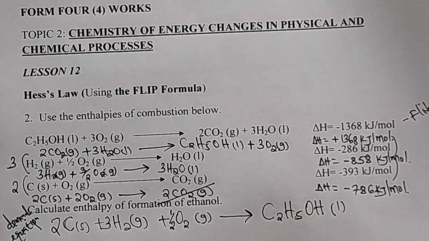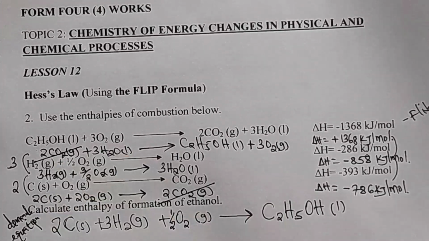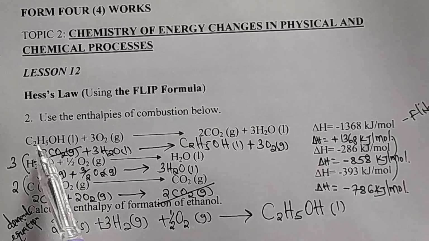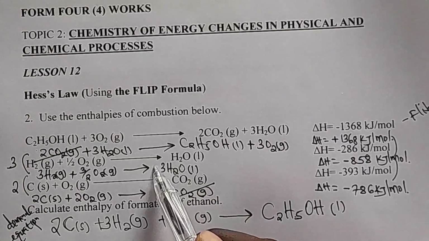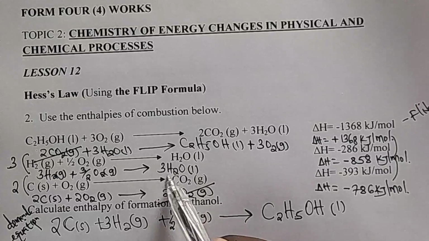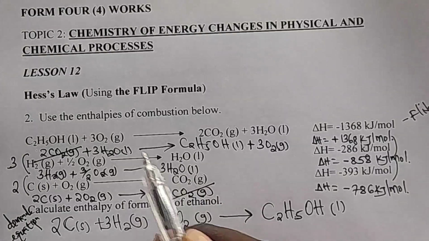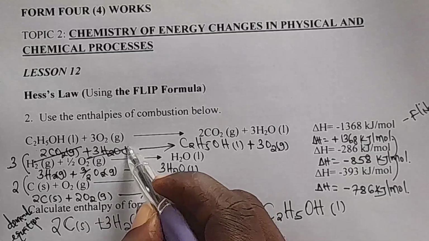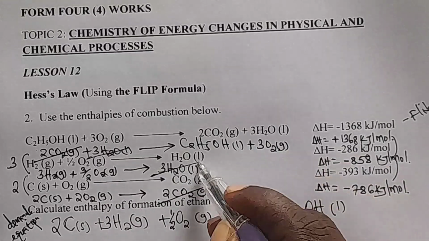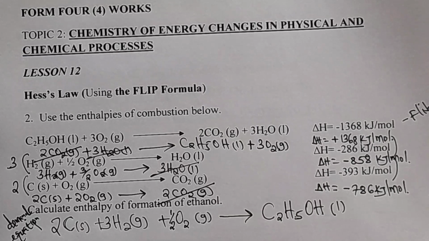So 2 carbon dioxide gas on the reactant side will go with the 2 carbon dioxide on the product side. Check again. Here we have 3 mole of water on the product side because the arrow is here, and here we have 3 mole of water on the reactant side. So we are going to eliminate them. So they go together.